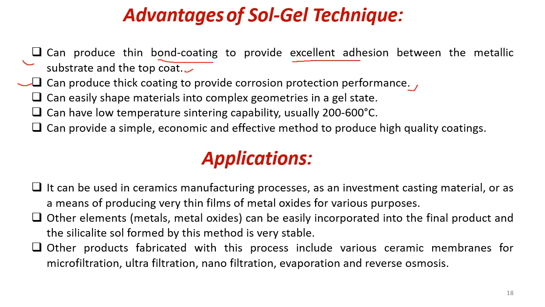Like that, for corrosion resistance also this technique can be used, and it can easily shape the material into complex geometries in a gel state, and it has low temperature sintering capabilities, as low as 200 to 600 degrees centigrade. At these temperatures it gets sintered and gives grain structure uniformity. That is one of the unique natures of this method.